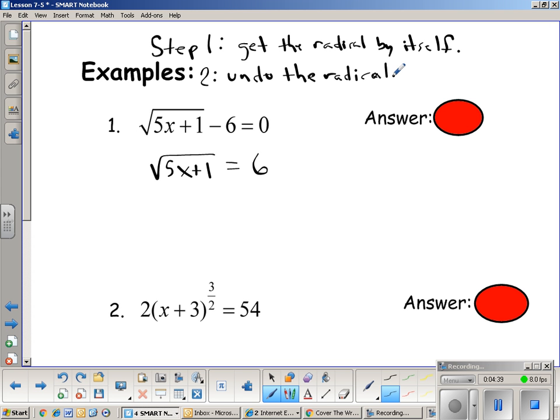We square. So we undo a square root by squaring both sides. And so the square root and the square cancel, so we get everything underneath. 5x plus 1 is equal to 36.